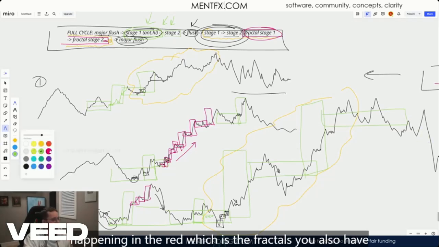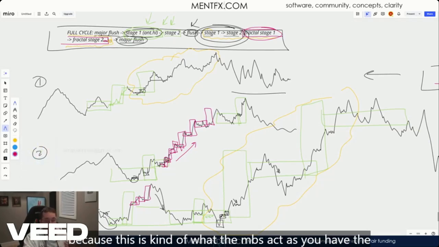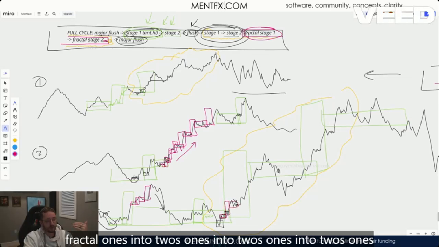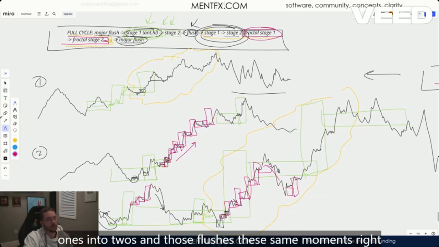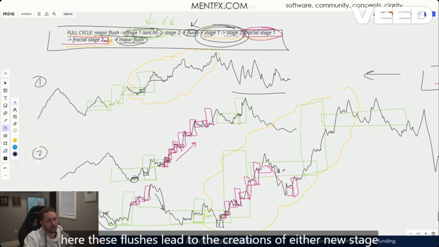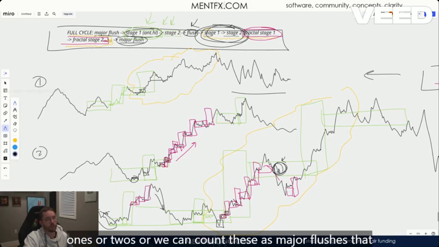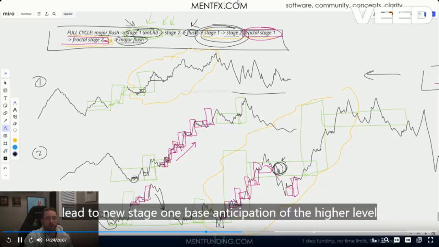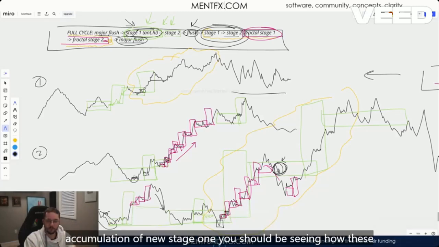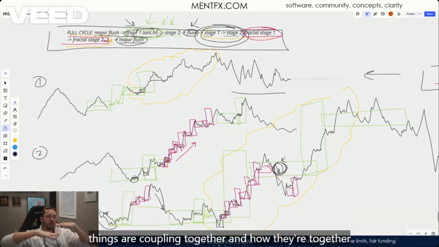And then while that's all happening, in the red, which is the fractals, you also have, because this is kind of what the MBs act as, you have the fractal 1s into 2s, 1s into 2s, 1s into 2s, 1s that fail, that become larger, 1s into 2s, and those flushes, these same moments right here, these flushes lead to the creations of either new stage 1s or 2s, or we can count these as major flushes that lead to new stage 1 base anticipation of the higher low, accumulation, stage 1. You should be seeing how these things are coupling together.